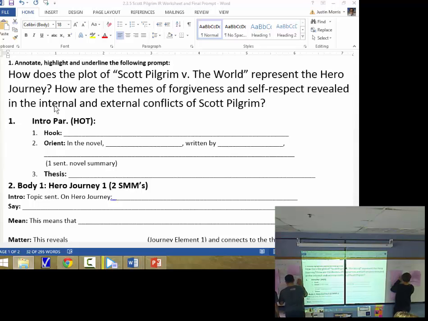Yeah. Okay, so self-respect, not just fighting Gideon for himself, but you could also talk about Neighbor Scott. That's like representing self-respect. How does that symbolize the fact that he's fine with his other half? Self-respect means loving yourself, liking yourself, who you are.